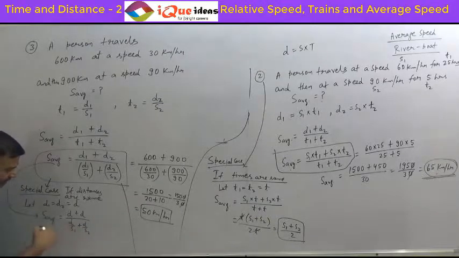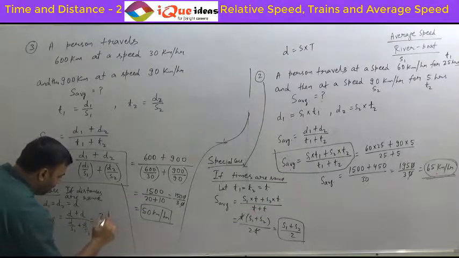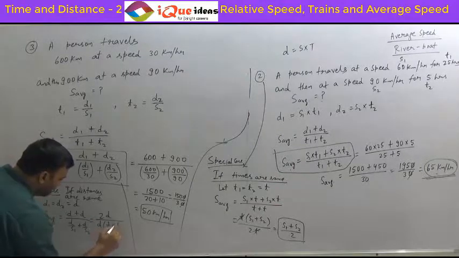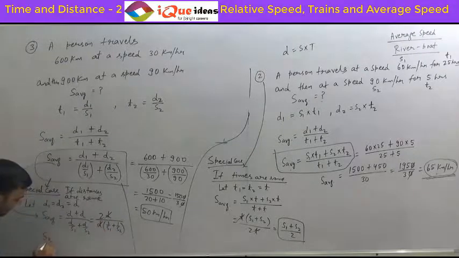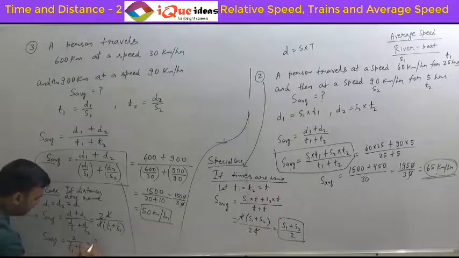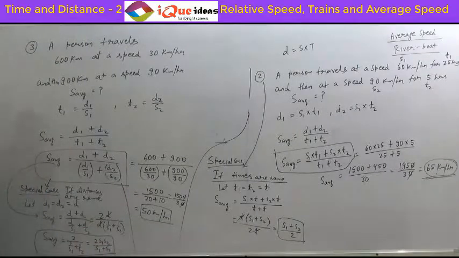So from here d will come out. So in numerator we have 2d and in denominator we have d into 1 by s1 plus 1 by s2. So d gets cancelled out and we will have s average equal to 2 upon 1 upon s1 plus 1 upon s2, and you simplify to get 2 s1 s2 upon s1 plus s2.